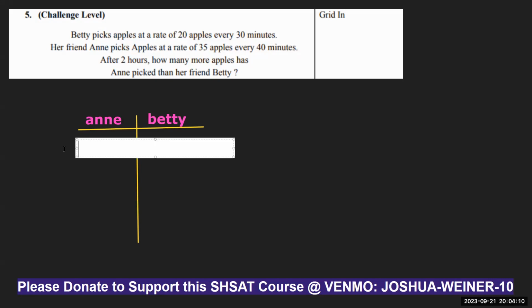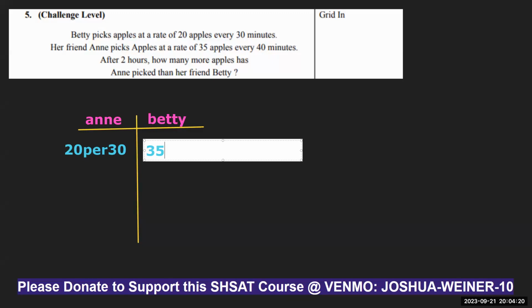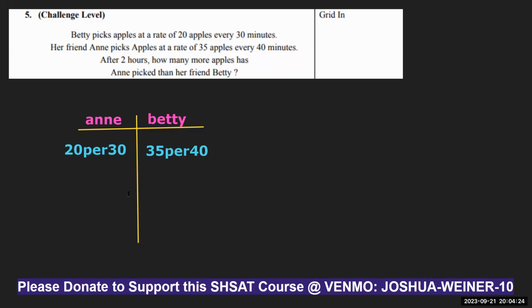And we'll put in the information as given. Anne can do 20 apples per 30 minutes. Let's write it down like that. And Betty can do 35 apples per 40 minutes. Okay, so we can scale that up. I guess using a proportion, maybe I'll draw it as a proportion.